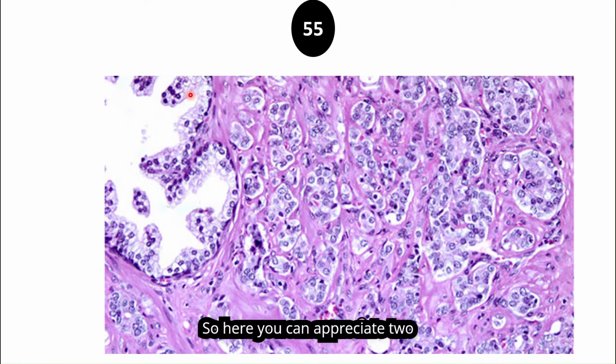So here you can appreciate two-layered epithelium of prostate. One is columnar inner epithelium with papillary infolding and basally flattened or cuboidal epithelium. So this is part of normal prostate.